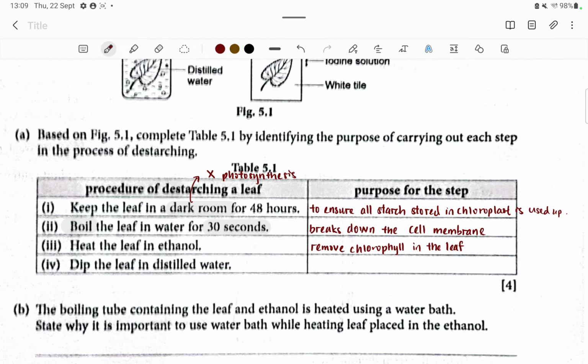If there is no starch, it stays yellow, right? And if the leaf is green, you cannot see the results clearly. So they need to remove the chlorophyll first. And heating the ethanol, this one is related to chemistry, is to increase the rate of reaction.